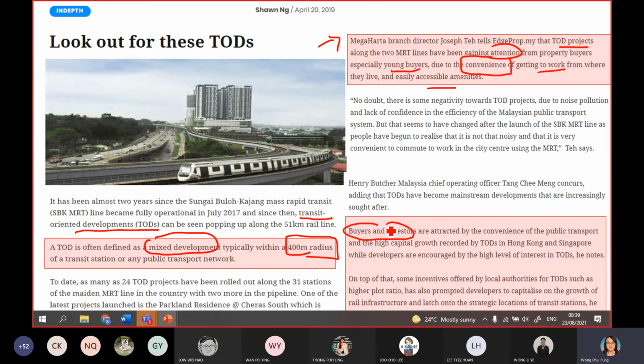Buyers and investors are attracted by the convenience of public transport and the high capital growth recorded by TOD in Hong Kong and Singapore, while developers are encouraged by the high interest in TOD, which means investors like to buy TOD projects because of the convenient connectivity. When they invest and sell after some time, they enjoy more capital appreciation.